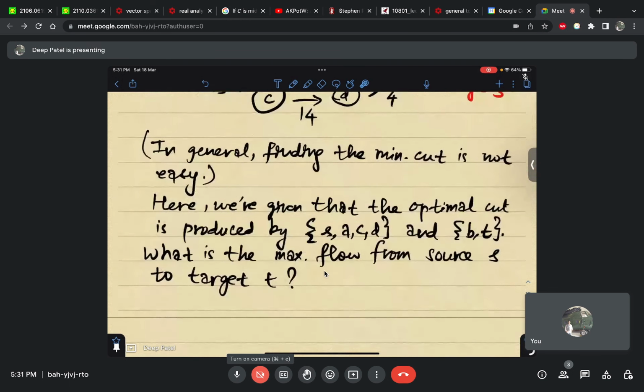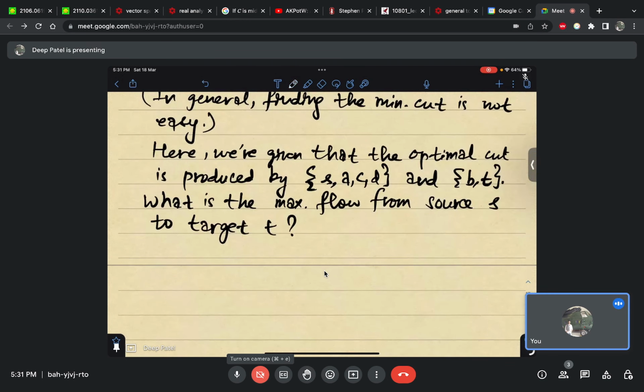Let me highlight one more point. It's not just a mere calculation, but it throws back to the point mentioned in the lecture: min cut is the dual of max flow.